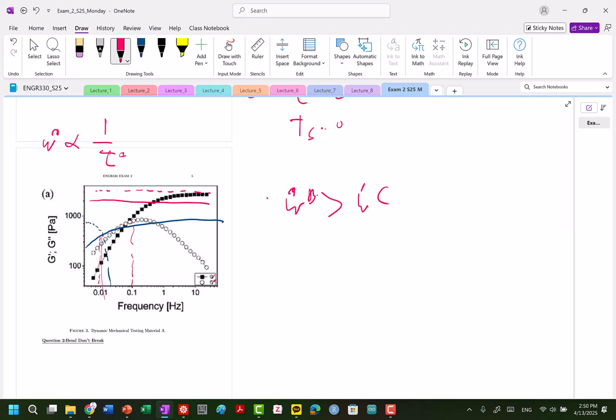So B, so materials, then omega C. So if omega C is very, very small, the tau of C is going to be greater than the tau of B. Yes, that makes sense. More solid, right? Fantastic. Because this is larger. Sorry, I'm confusing. This is a good example of kind of confusing myself.